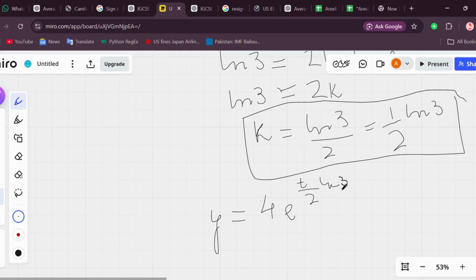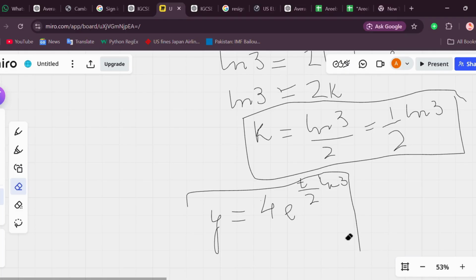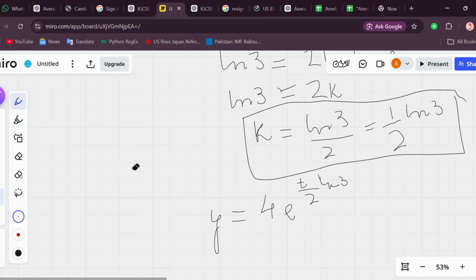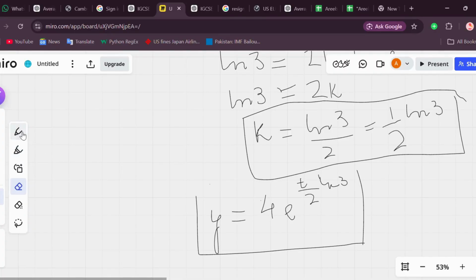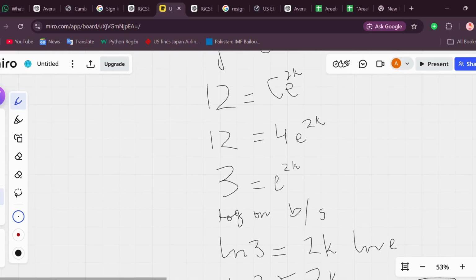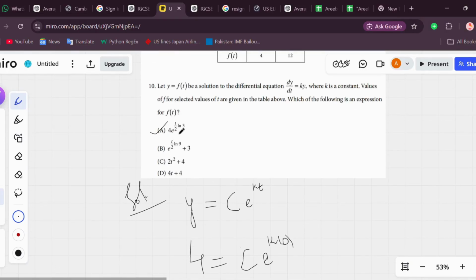So this is our answer to the question: y equals 4 e to the power t over 2 ln 3, and we will look for this in the options we have.